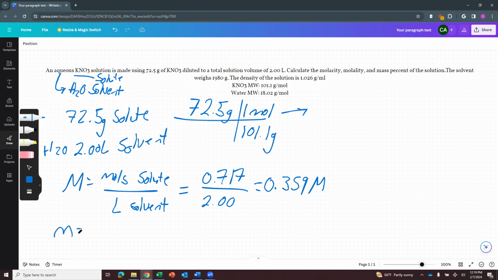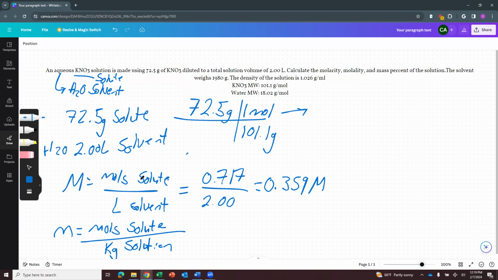Molality, small m, is moles of solute divided by kilograms of solution. All right. So we already have the moles of solute. That was 0.717.